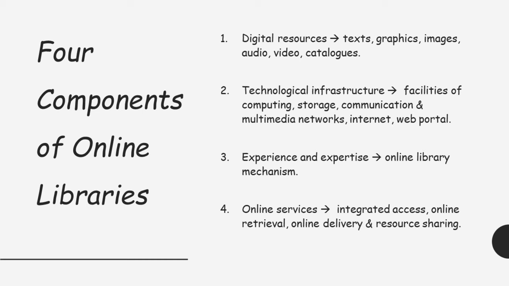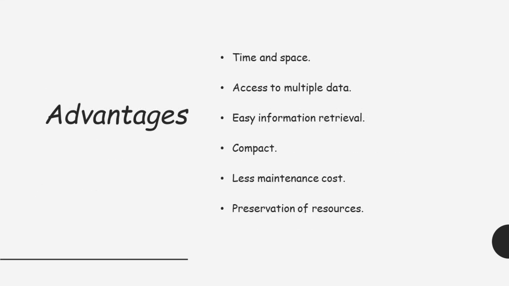The final requirement is the facility of online services. It includes integrated access, online retrieval, online delivery, and resource sharing. The internet is full of online libraries, both paid and free ones.